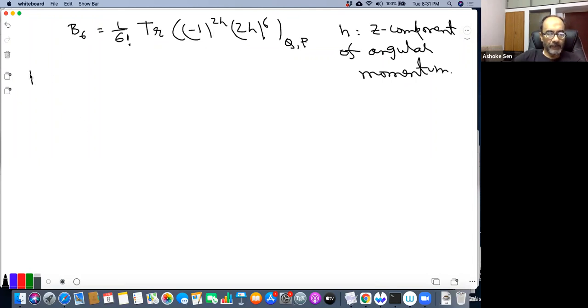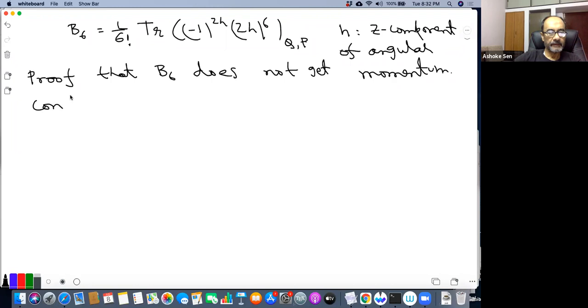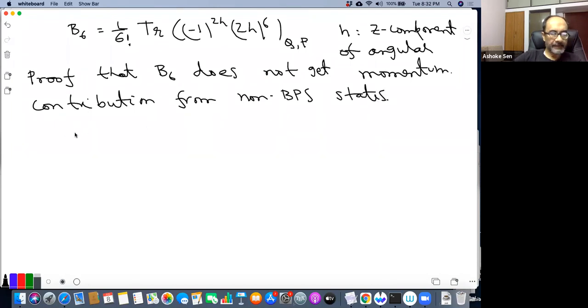I'll begin by giving the proof that B6 does not get contribution from non-BPS states. For this, you have to start with the supersymmetry algebra.